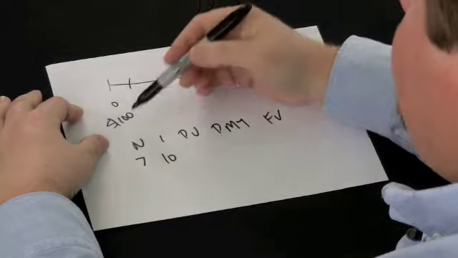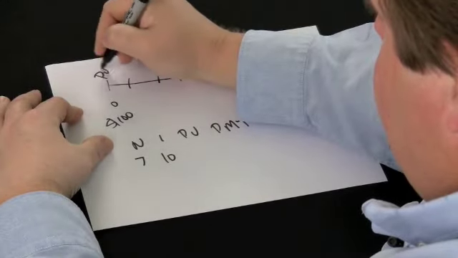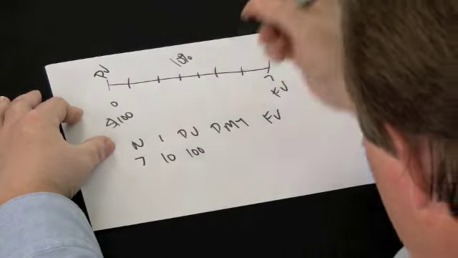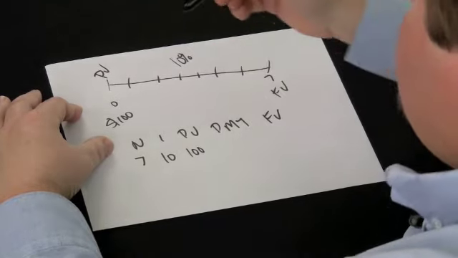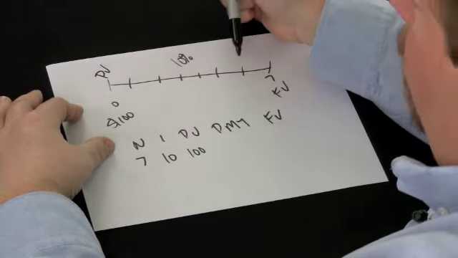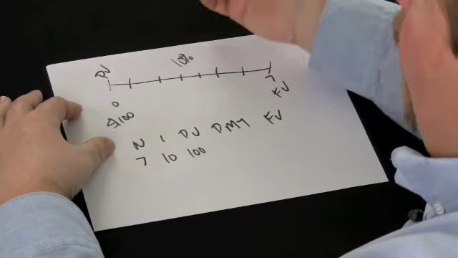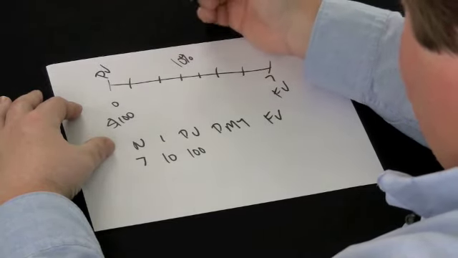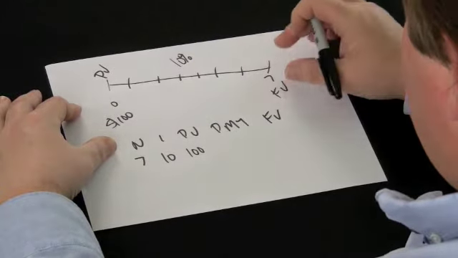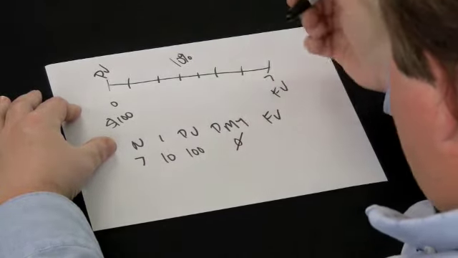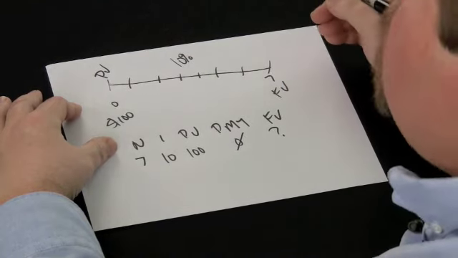We know that the present value is $100. We know the payment key, which we haven't discussed yet. The payment key is if you are adding money every period, or if you were paying off your balance every month or every period. In this case, we're just putting $100 in and leaving it for 7 years, so there's no payment. And what we're looking for is the future value.